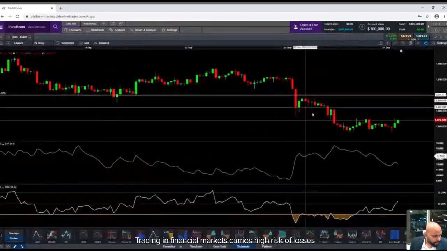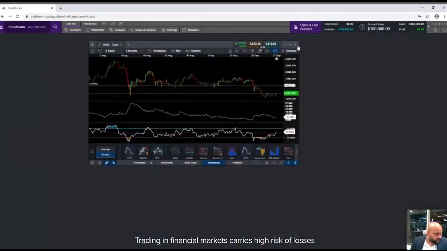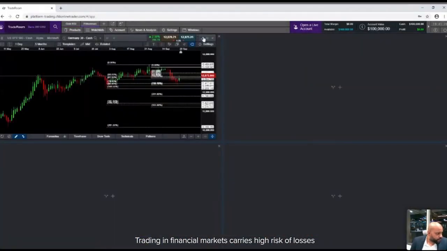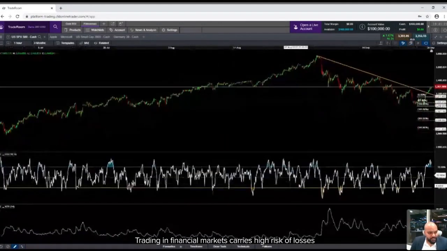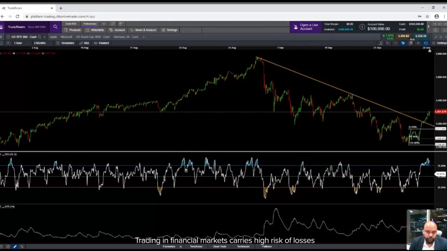Now let me show you another example. Let's take a look at a different instrument. Let's go to SPX 500. For those of you who do not know what it is, it is basically the top 500 companies of the US put into one index. So instead of everyone following 500 big companies, you can just follow the index to see how the market is performing.